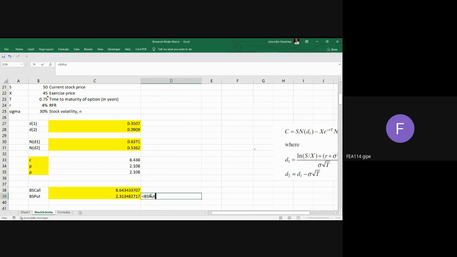Stock, the size, time, R, R, and sigma, and that's it. So this is how you do for BS put. I write for BS call also, so you remember.